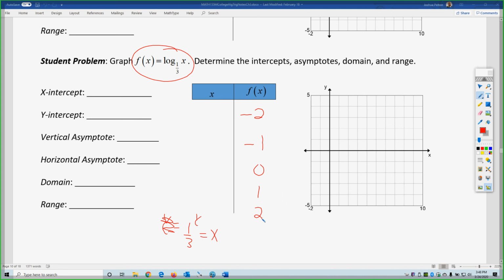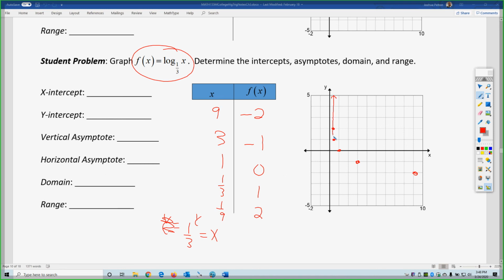Plug in -2, we get 9. Plug in -1, we get 3. Plug in 0, we get 1. We get 1/3 and 1/9. So it's the flipped table from before. So we have 9, -2. We have 3, -1. We have 1, 0. 1/3, 1. And 1/9, 2.